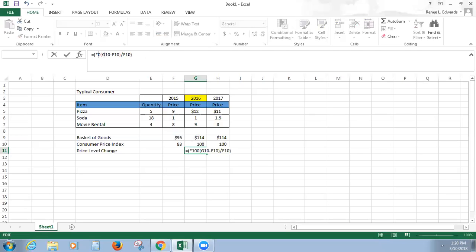Let me get that 100 out of here. All right, so if we take 100 minus 83 divided by 83 times 100, we find out that there was a 20% increase. So this would actually be considered inflation because it's positive.